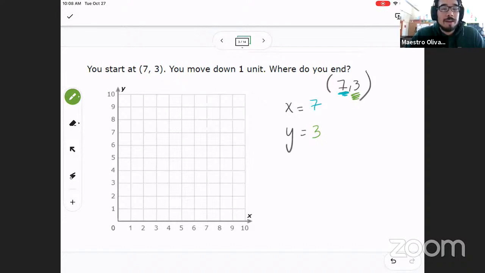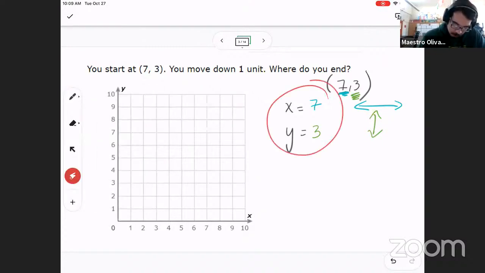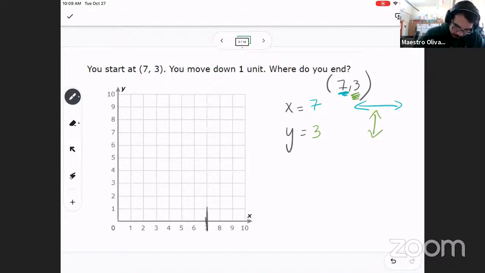So now we want to graph our point (7, 3). We know x values go side to side and y values go up and down. So (7, 3) means you start at the origin here at the corner, (0, 0), and x equals 7 is going to be over here, okay? X equals 7 is going to be here.